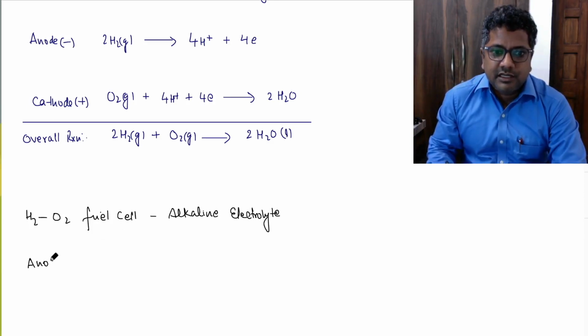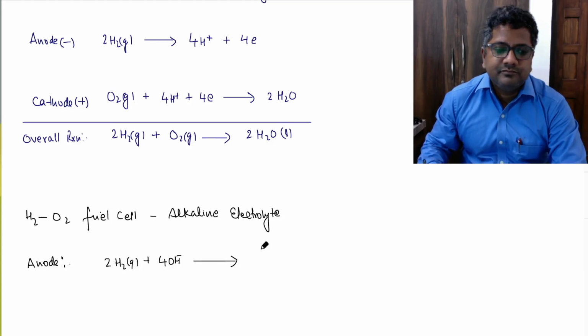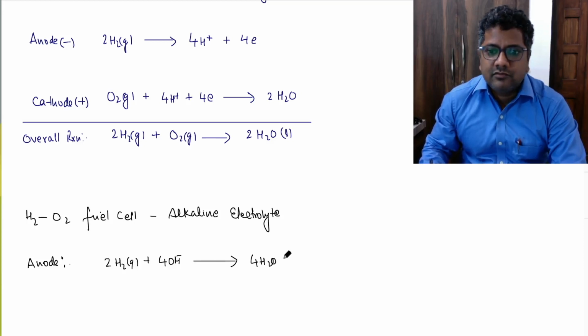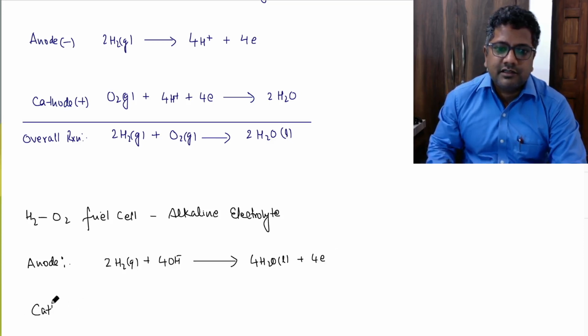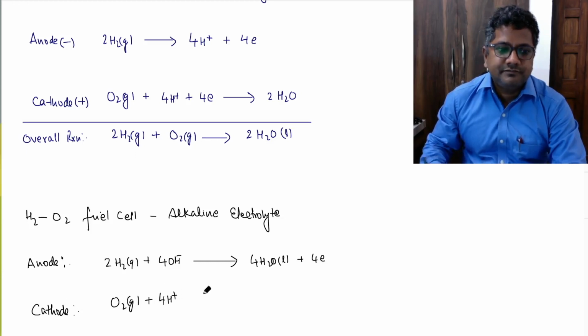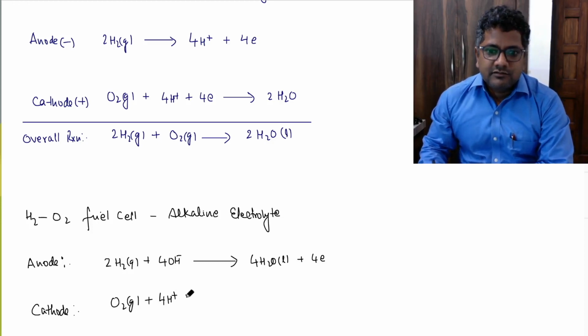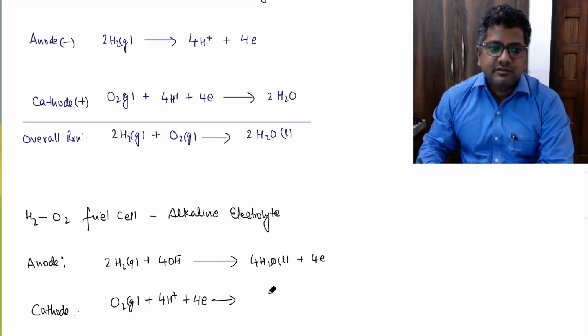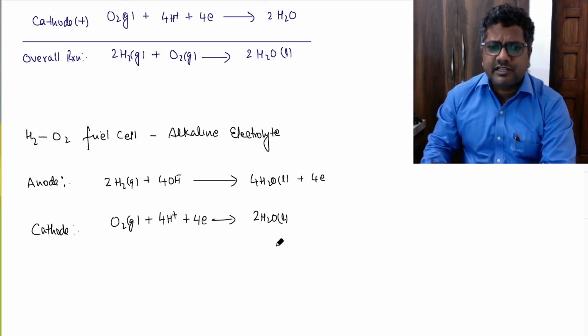So the anode reaction is like this: 2H2 gas plus 4OH- gives 4H2O liquid plus 4 electrons. And the cathode reaction is O2 gas plus 2H2O plus 4 electrons gives 4OH-. Only the anode reaction changes, the cathode reaction is the same.